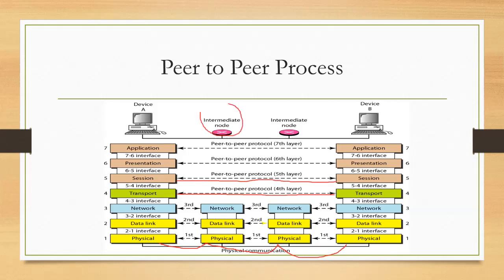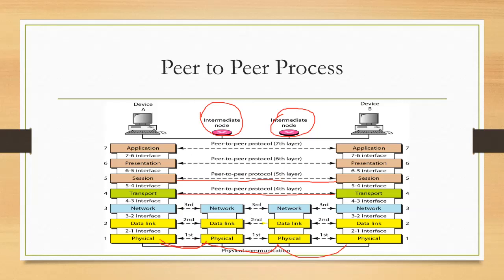You can observe here that there are intermediate nodes as well, because in the routing process, suppose the destination is far away, there are intermediate routers which need to be visited by the data packet, and then those routers will forward it to the next router. So this indicates that the data packet sent by, in this case, device A will reach the intermediate router.